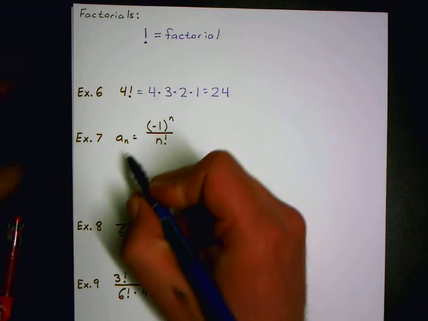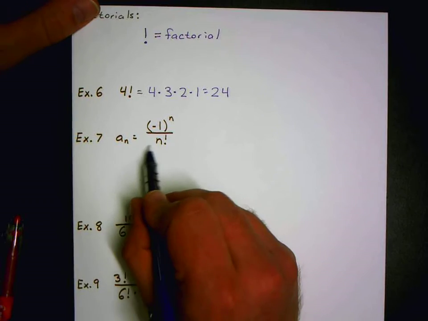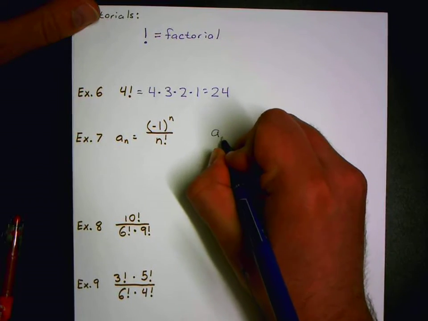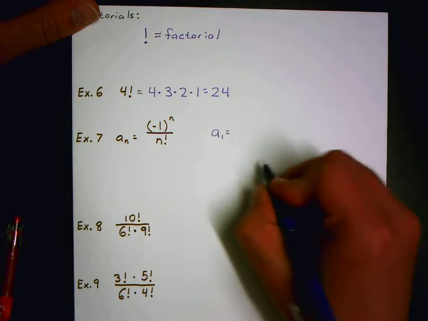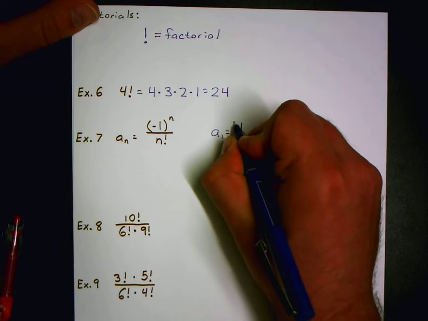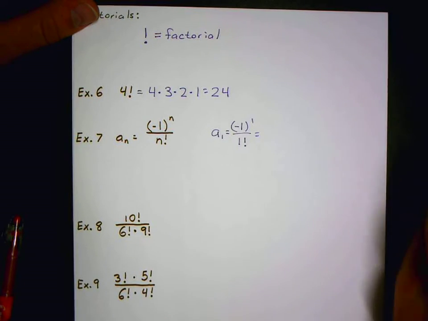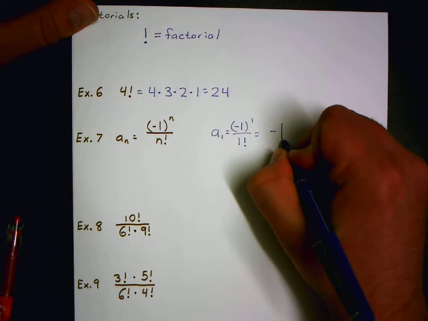Okay, so we can use factorials and sequences. If we take this and do the first 5 terms, a sub 1 will be negative 1 to the 1 power over 1 factorial. So that would be negative 1.